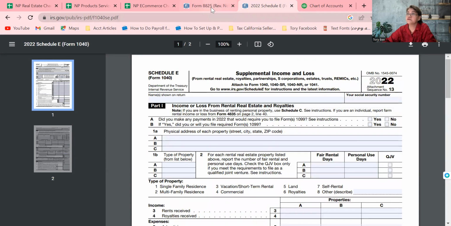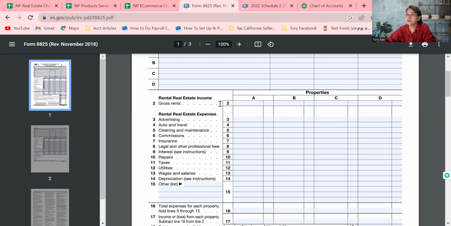But anyway, this Form 8825 is where we pattern the items, the accounts, in our chart of accounts.